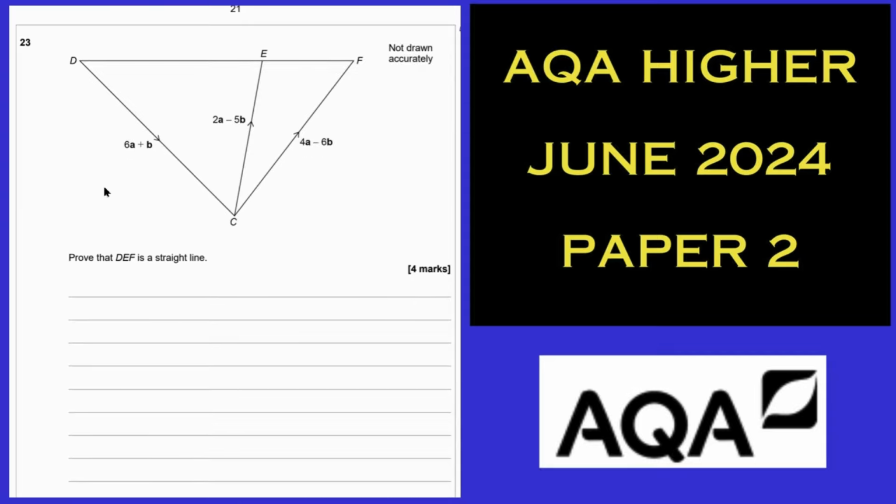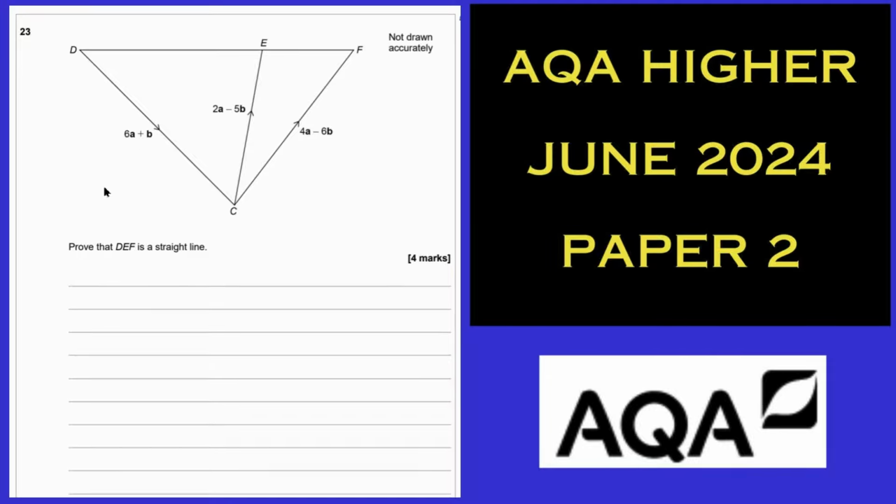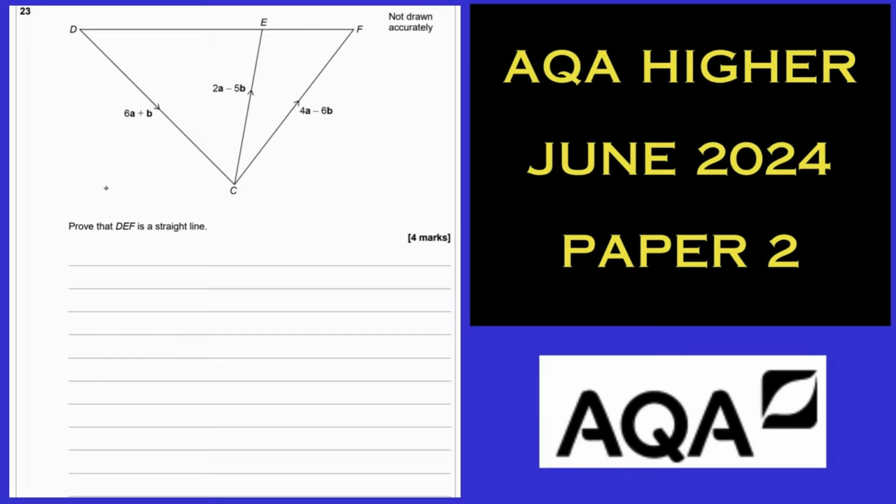Number 23, a couple of ways of doing this one. To show that things are on a straight line, you can show that they are parallel and they have a common starting point. So you have a choice. You can either work out the vector DE, followed by EF, and they'll be a multiple of each other.